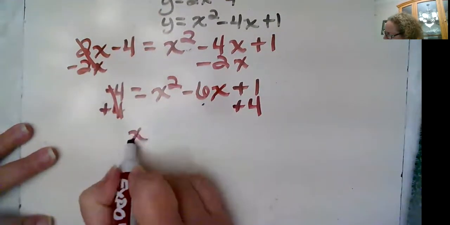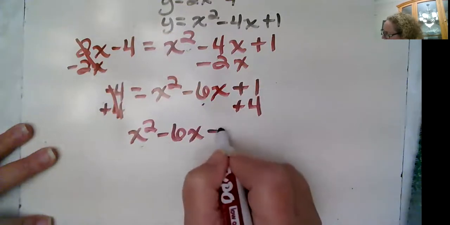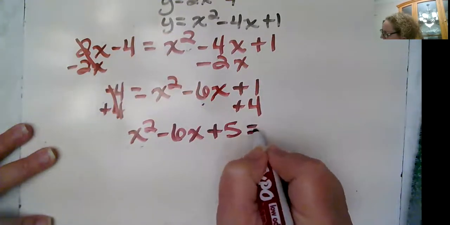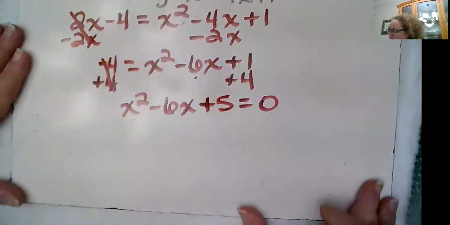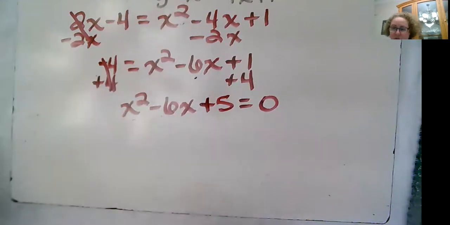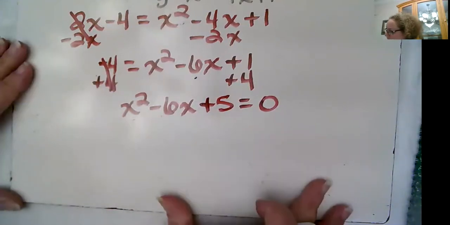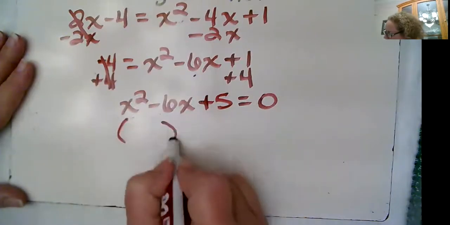So now we have x squared minus 6x plus 5, and this is equal to 0. So now we have a trinomial. Before we had a binomial, we only had two terms, and we factored out what they have in common to solve for our x's. But for this one, we're going to try and factor it. And let's see what happens.